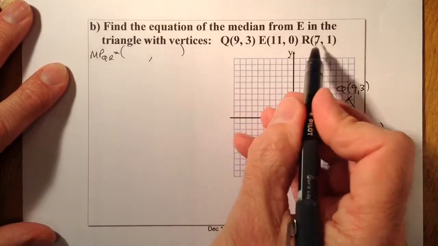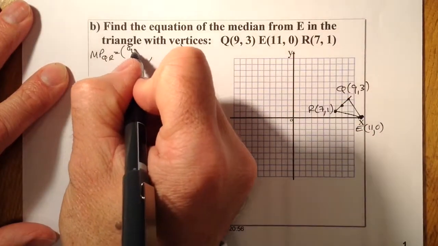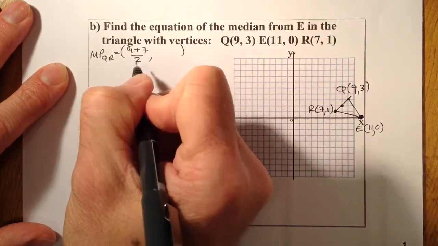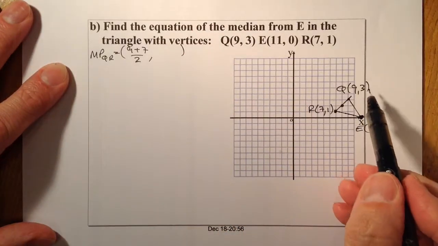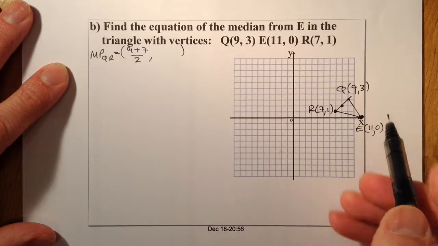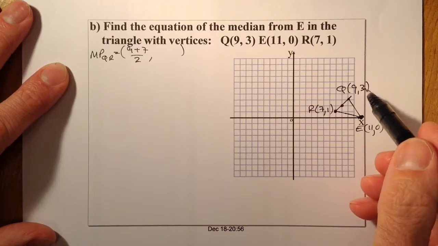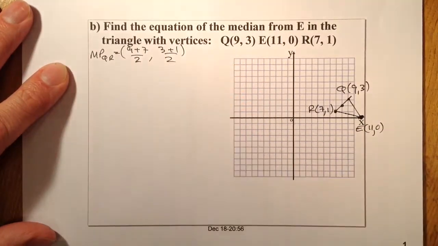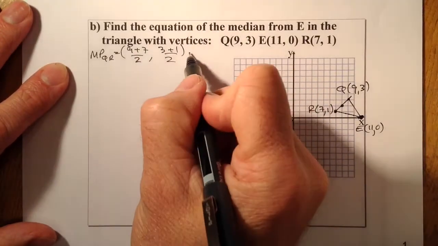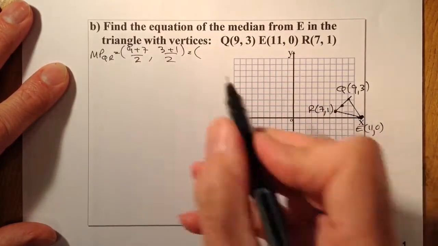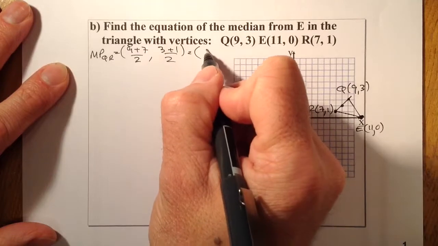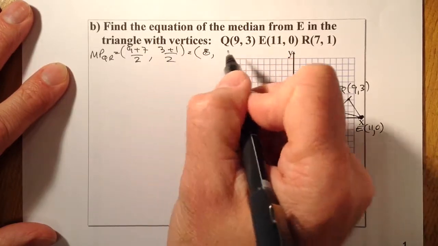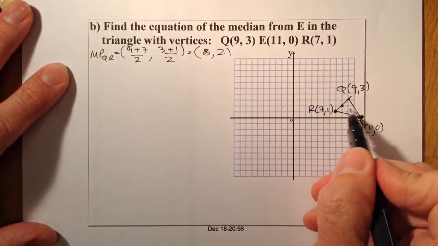So I've got 9 plus 7 divided by 2. And I've got the 3 and the 1 added together, and divide that by 2 as well. Okay, so that should give me the coordinates of the midpoint: 16 over 2 gives me 8, and 4 over 2 gives me 2, so that should be 8, 2, so that's looking okay there.